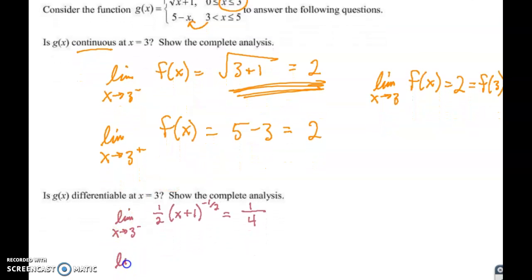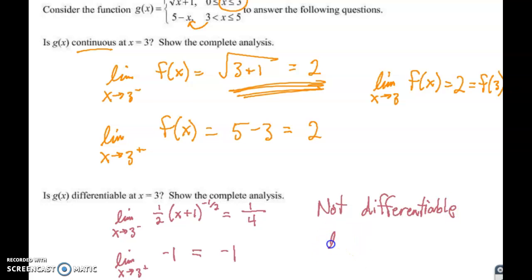Well, if you look at the limit as x approaches 3 on the right side, analytically, the derivative of this is just negative 1. So that slope is negative 1. So this is not differentiable, and your quick analysis is saying that the limit as x approaches 3 from the left of f prime of x does not equal the limit as x approaches 3 on the right side of f prime of x.